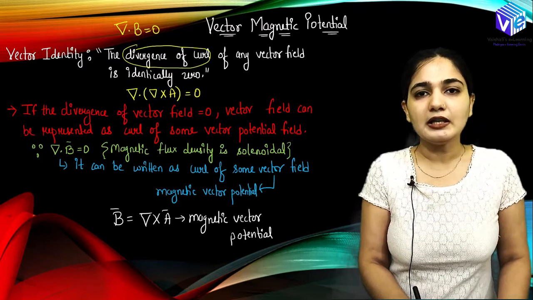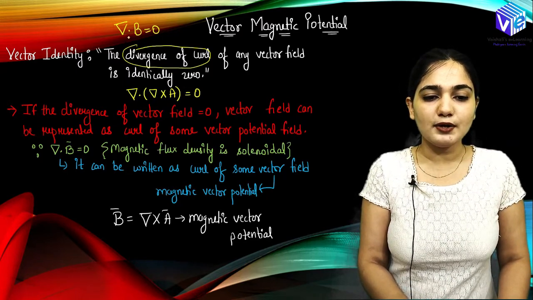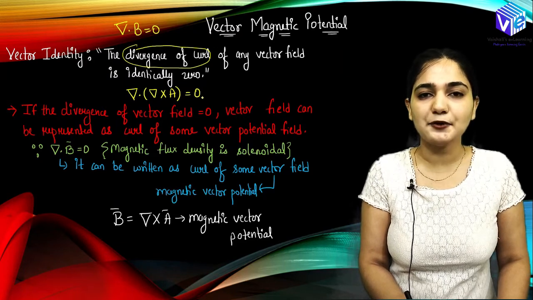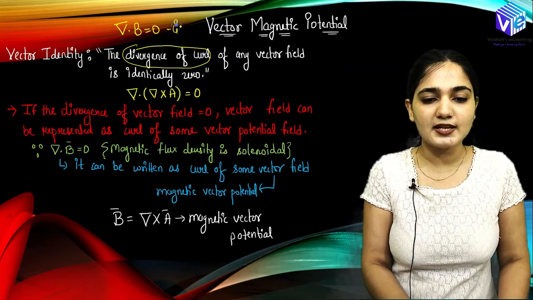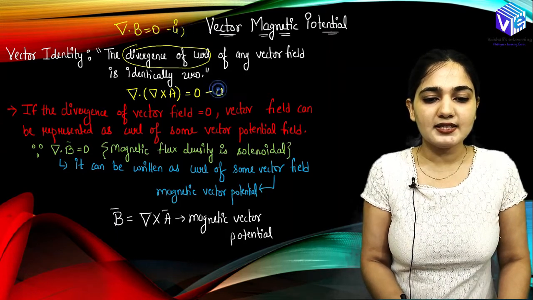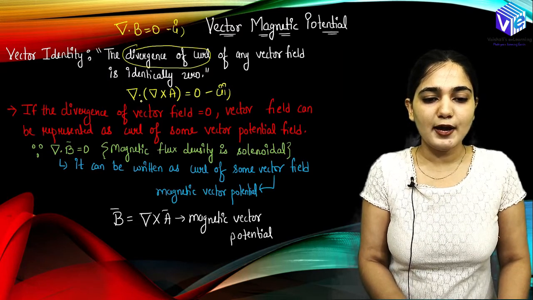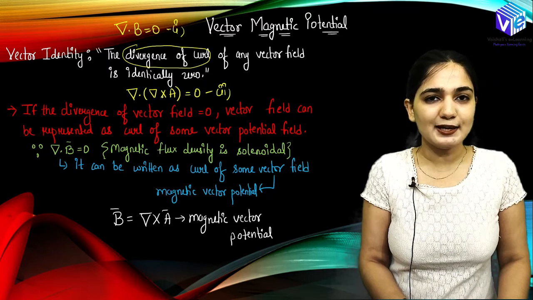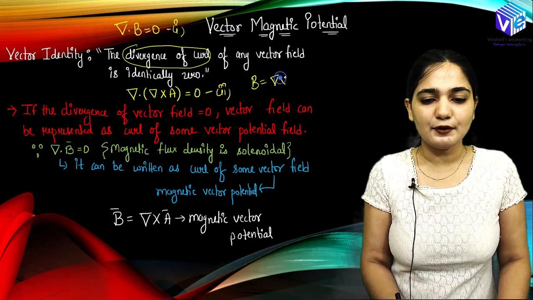Divergence of curl is 0. We all know this as well. So we know del dot B is 0, and we know del dot (del cross A) is 0. Now if I see this as my equation 1 and this as my equation 2, here we have del dot, and here also we have del dot. So I can equate B as del cross A. I can put B is equal to del cross A.